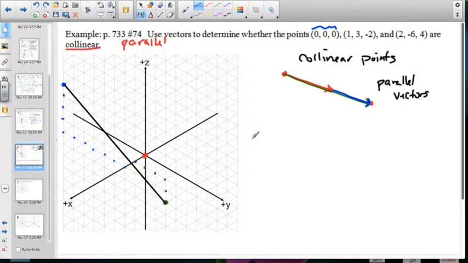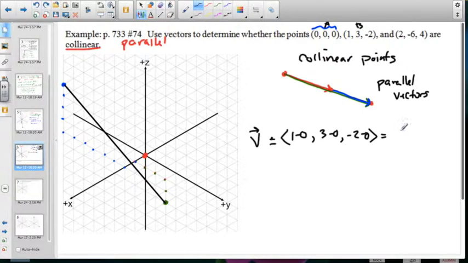So we'll call the first one vector v. And we'll use points A and B to make that. Vector v is going to look like 1 minus 0, 3 minus 0, -2 minus 0.